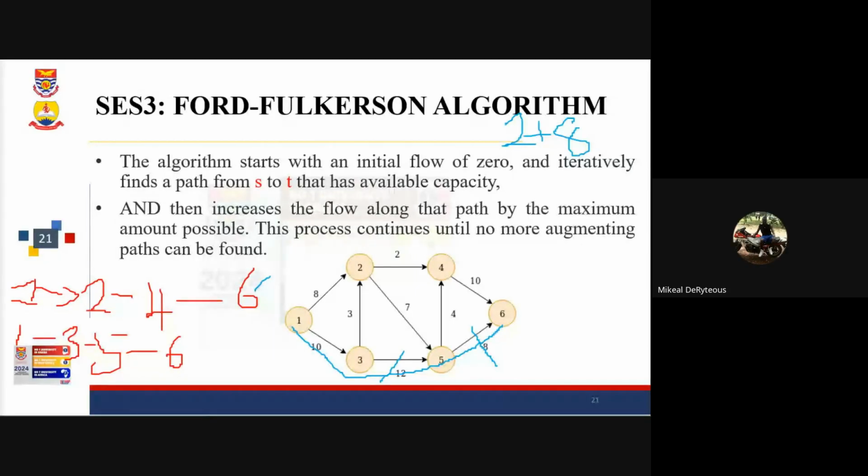So the weights on the path are 10, 12, and 8, and the least among them is 8.